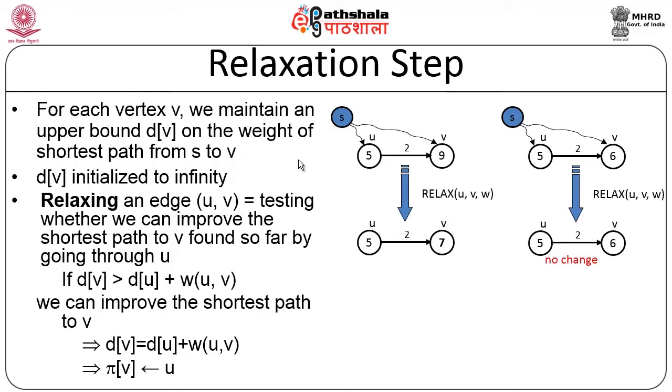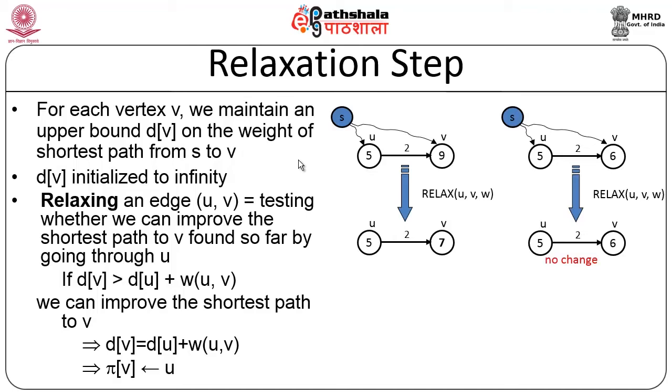For each vertex V, we maintain an upper bound d of V on the weight of the shortest path from S to V. That means, initially it is infinity, and every time you find a shorter path, you change it. So, suppose d of V is equal to 10 and you find another path with d of V equal to 5, then you replace it.